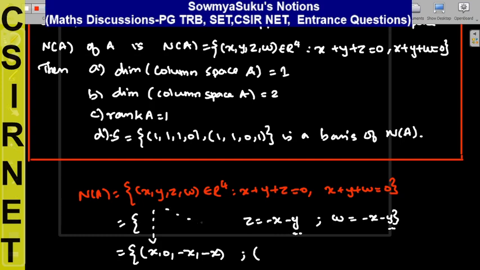So this gives us 0, y, then minus y, and again minus y.